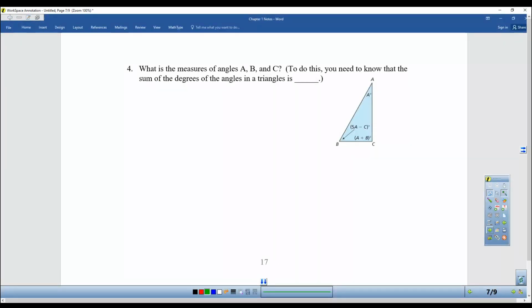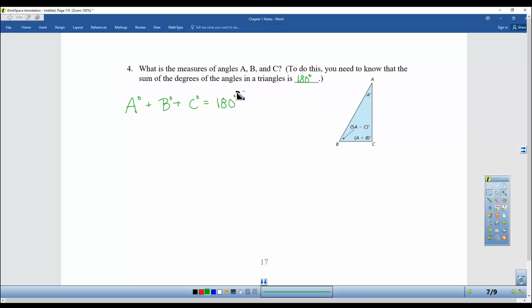Next one. So you do need a little bit of geometry here. Hopefully you remember that the sum of the degrees of the angles in a triangle is 180 degrees. So what you need to know from that is the first equation. The measure of angle A plus the measure of angle B plus the measure of angle C will equal 180 degrees.